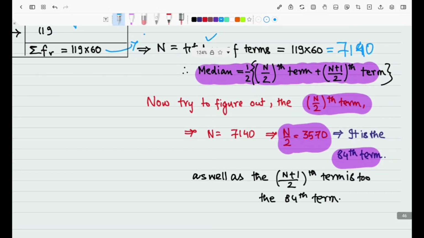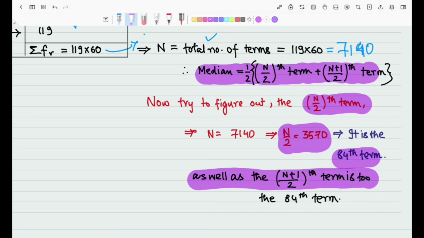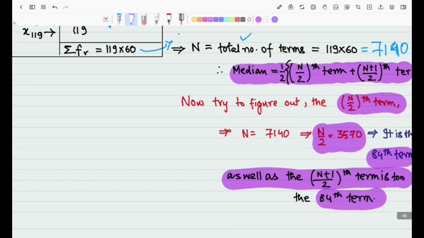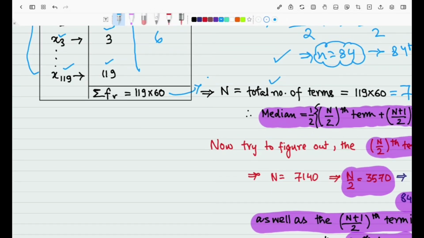Now I have also mentioned that the ((n plus 1) by 2)th term is the 84th term as well, because let us just take this table and write down x of 84. When it is x of 84, there will be 84 as the frequency.